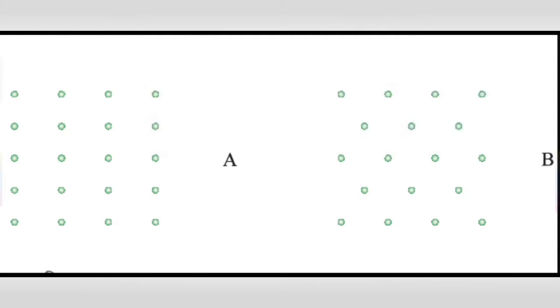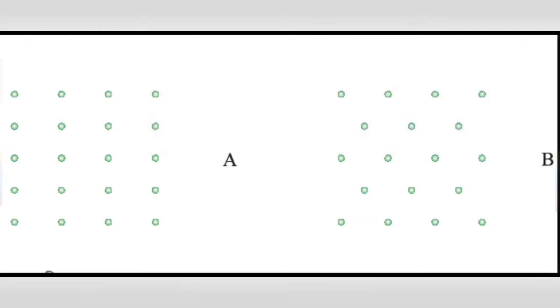The spatial arrangement of lattice points gives rise to different types of lattice. As we can see in these figures, we have two different types of lattice, type A and type B. For type A, if the first row is of type A, then the second row is also of type A, and the third is also A. So we have an A type repetition here, and each row is similar to the next. In type B, the first row is type A, the second will be type B, the third will repeat as type A, and the fourth will be B. So here we have an AB type of repetition.